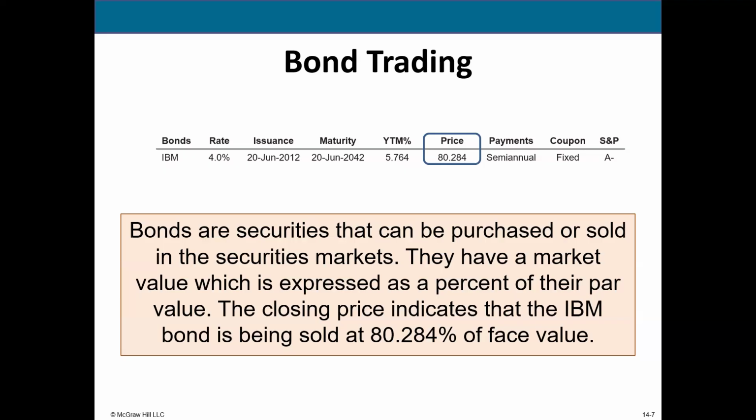The payments of interest are made semi-annually, meaning twice per year. It has a fixed coupon rate and is rated by S&P. In this case, it has an A minus rating, which is pretty good. Anything in the A category is typically pretty good for bonds. A B series bond, not as great, and then anything below that we call junk bonds, and we'll talk more about those.